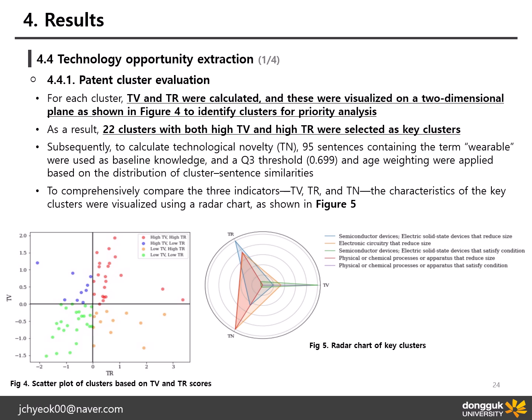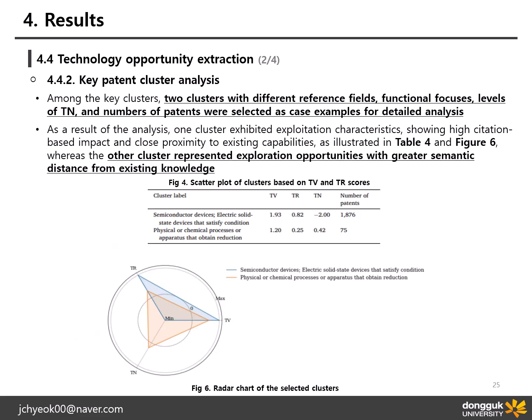Finally, the characteristics of the key clusters were jointly compared across technological value, relevance, and novelty, and visualized using a ladle chart as presented in Figure 5. Clusters with distinct reference fields, functional focus, level of technological novelty, and patent volumes were selected for detailed case analysis.